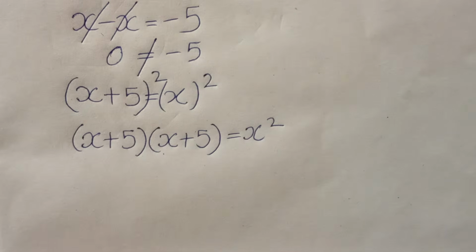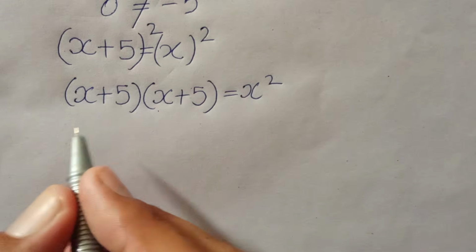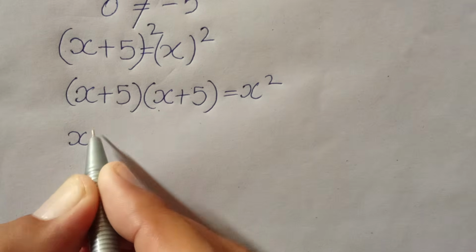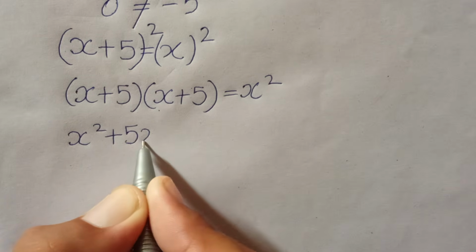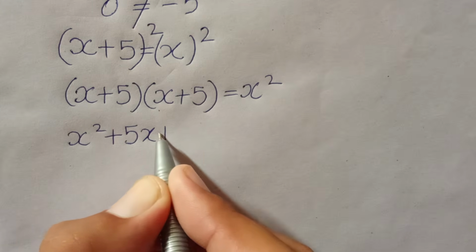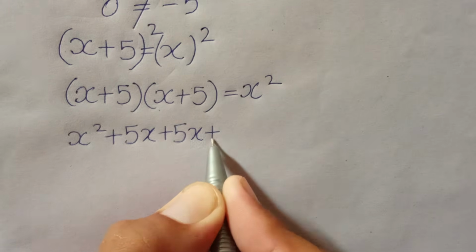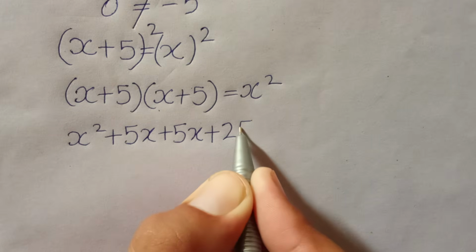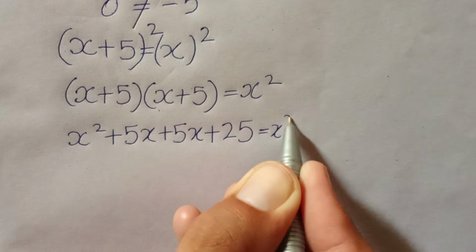In the next step, I multiply these two brackets, so it becomes x square plus 5x plus 5x plus 25 equals x square.